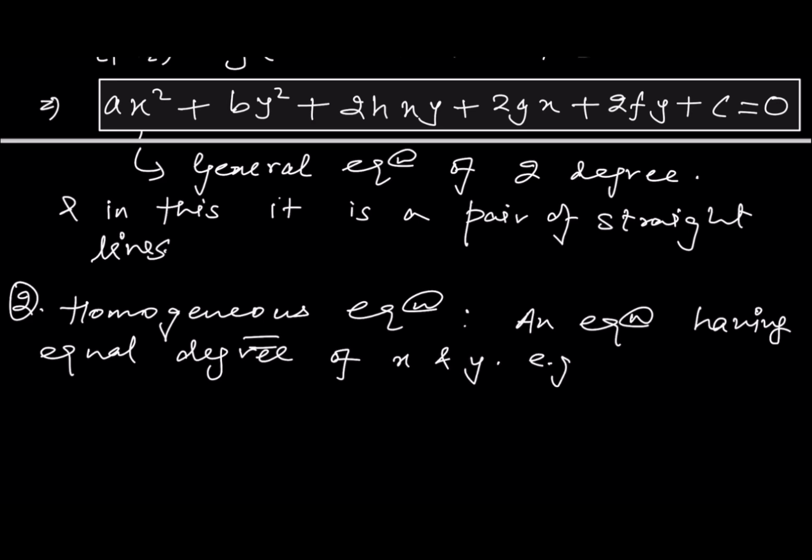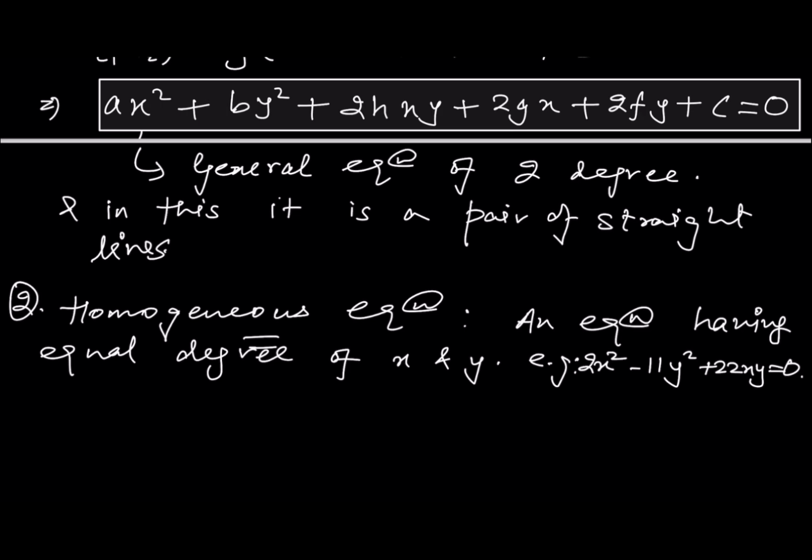For example, 2x square minus 11y square plus 22xy is equal to 0. Right? So each term is having degree 2. So it is a homogeneous equation.